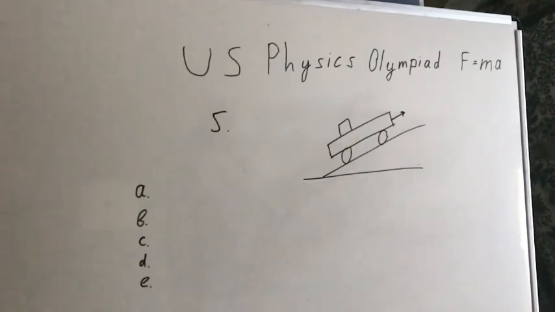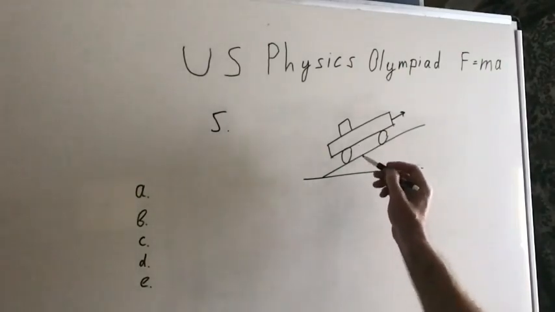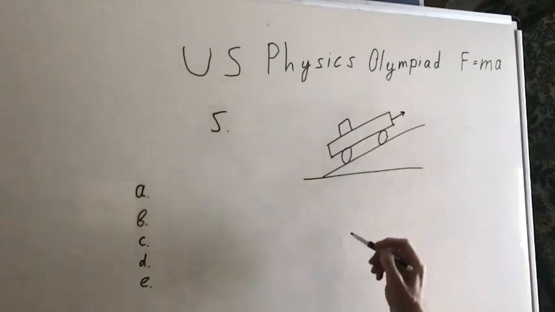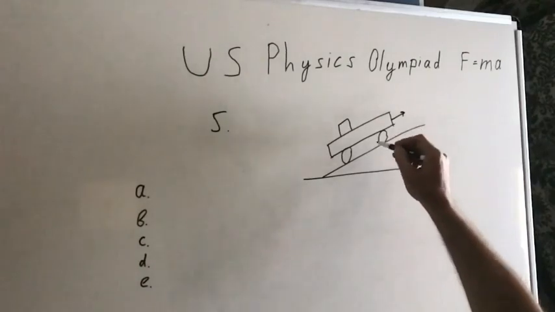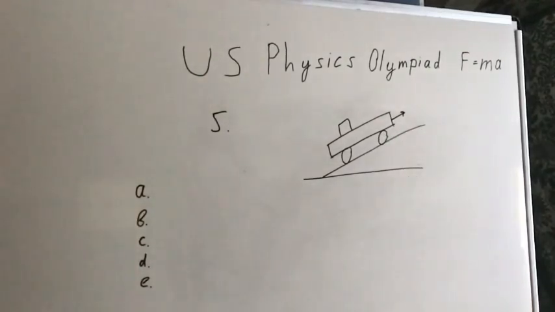First option, the force of static friction of the sled on the crate. So this one between this sled and this crate. The contact force, normal force of the ground on the sled. It means from this plane, not from the ground, I believe.